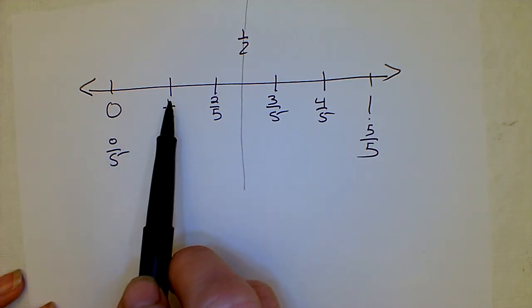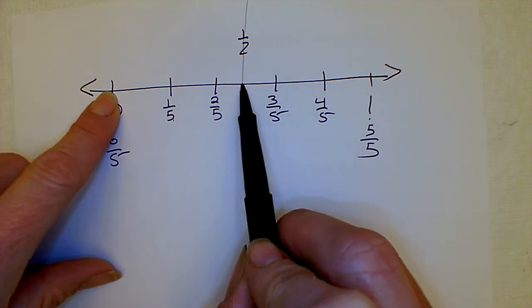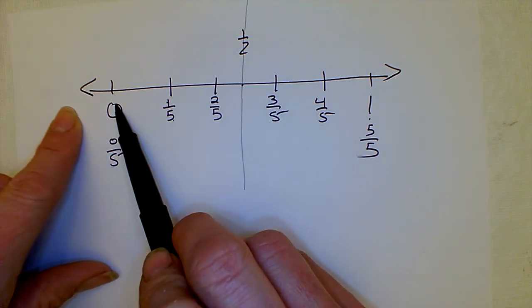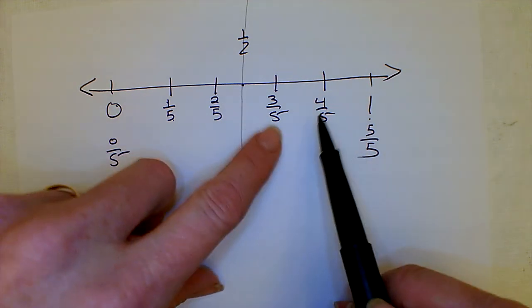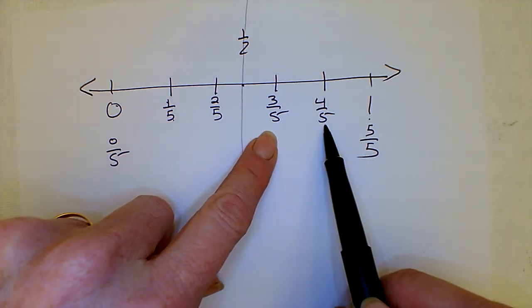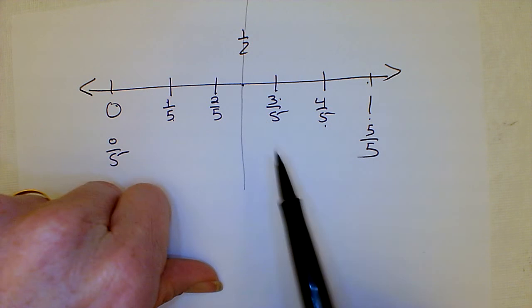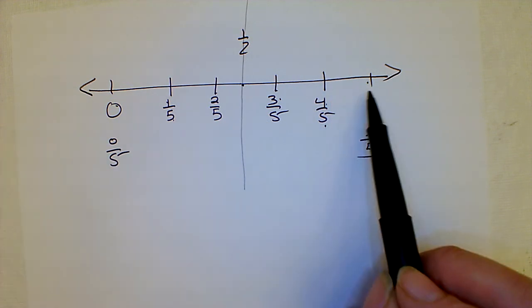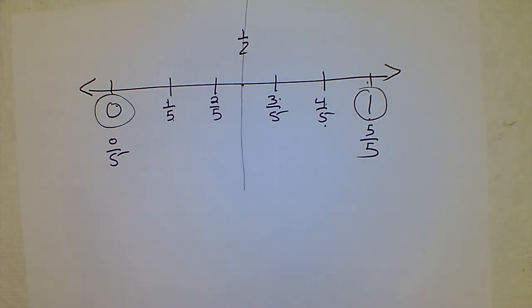So what you can see here now is that both 1/5 and 2/5 are between 0 and 1/2, those two benchmarks, but 1/5 is closer to 0, 2/5 is closer to 1/2. You can also see that both 3/5 and 4/5 are between 1/2 and 1, but 3/5 is closer to 1/2, while 4/5 is closer to 1. So remember, those were our benchmarks there.